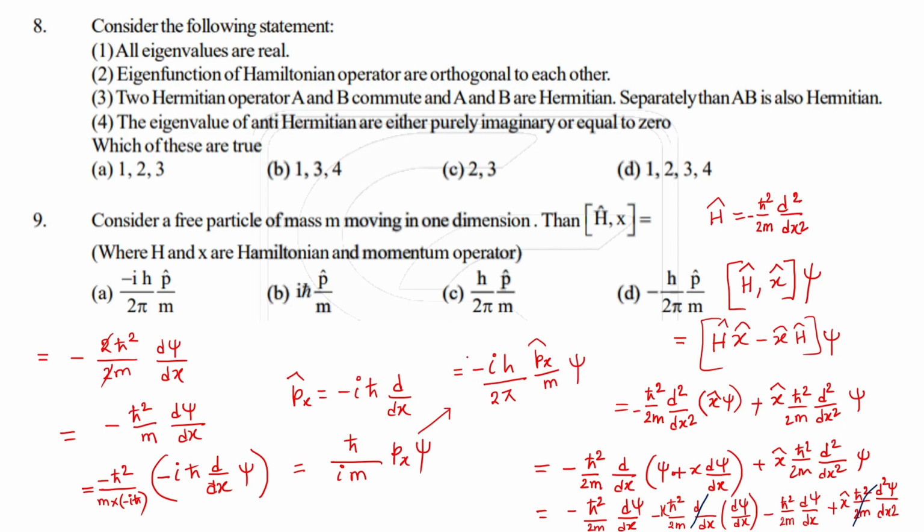So actually the first one is the right answer. i h by 2 pi px by m, and psi is here because we have taken this arbitrary, so psi is an eigenfunction and this is the eigenvalue. Got it? Where is 2 pi coming from? ħ is there, I am writing ħ as h by 2 pi. Okay, yes, yes.